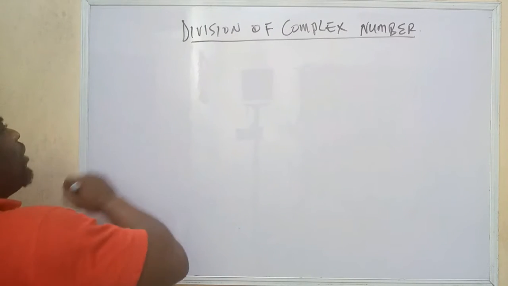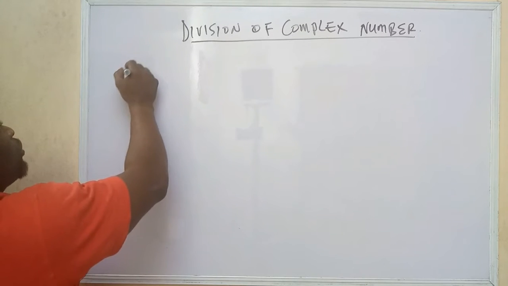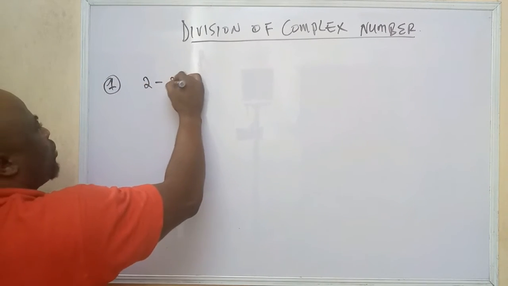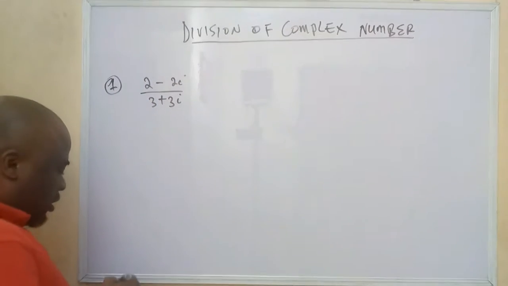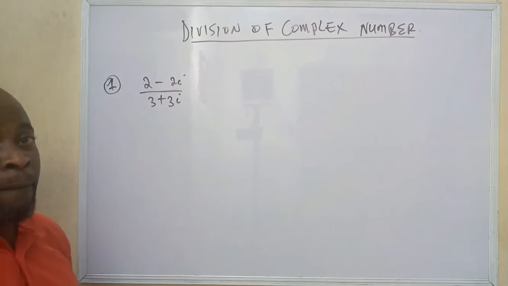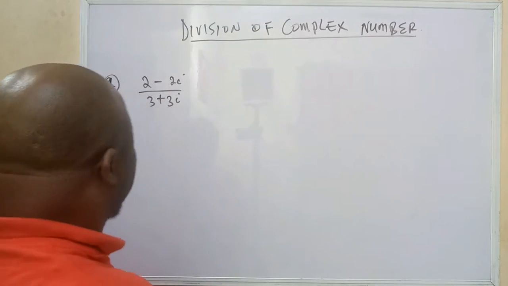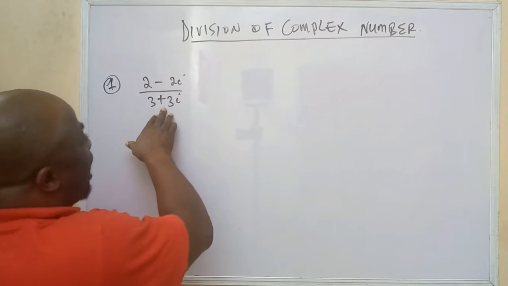If we want to do this, 2 minus 2i divided by 3 plus 3i, this is division of complex numbers. How do we do this? The first thing we are going to do is find the conjugate of what we have at the denominator.